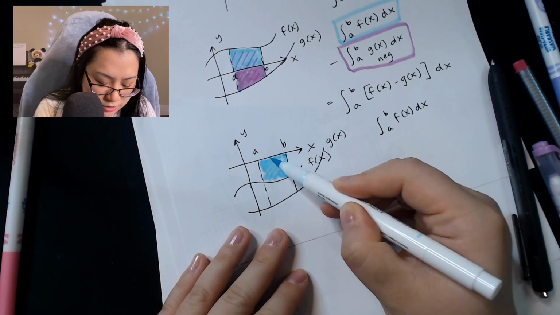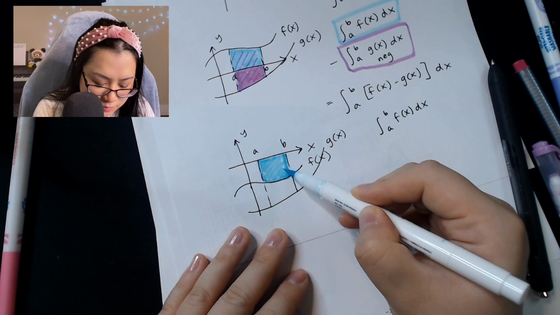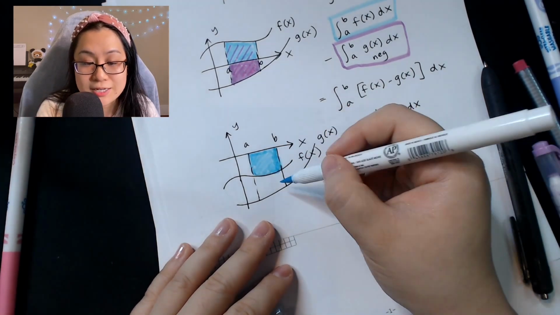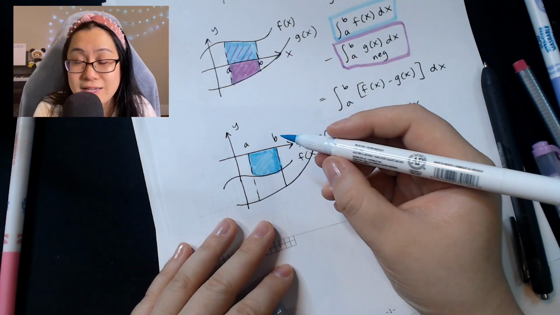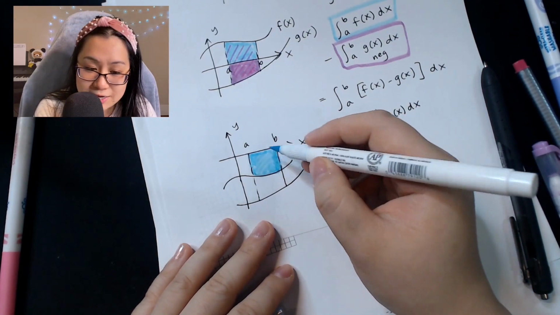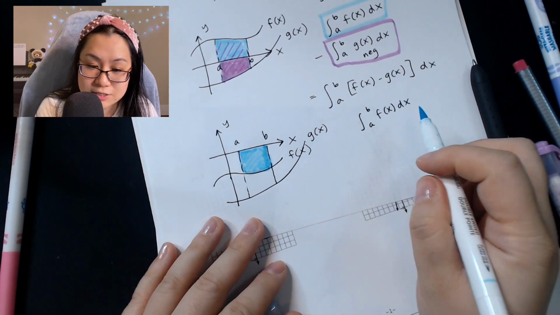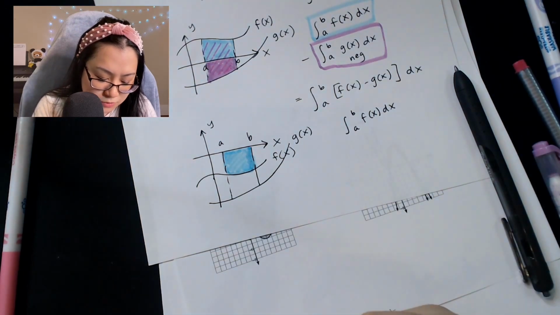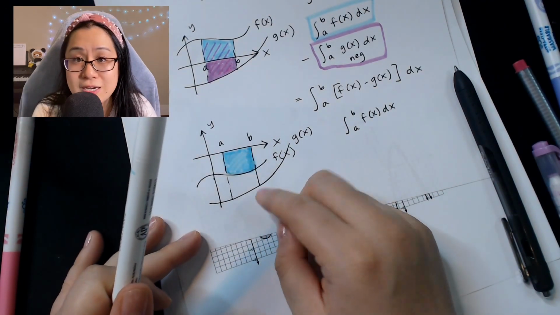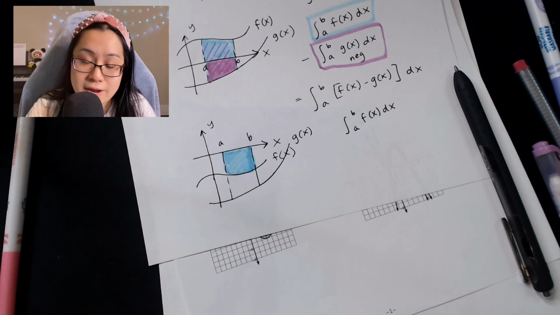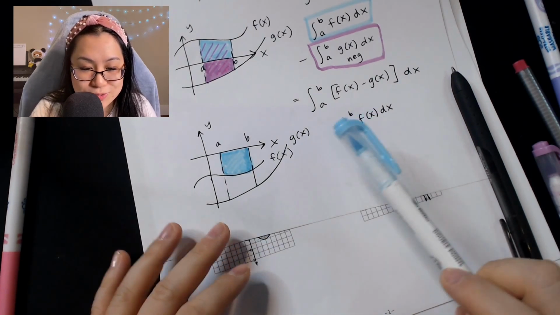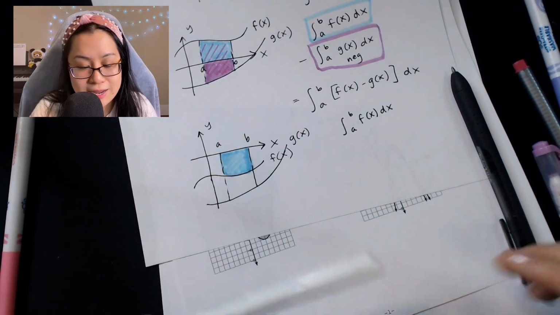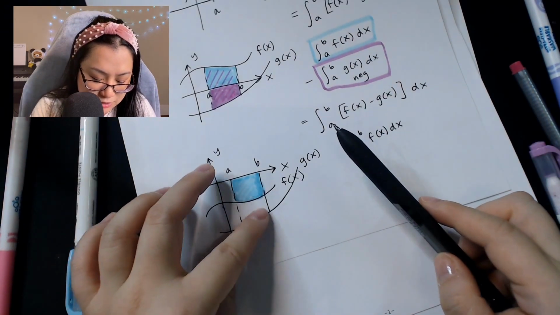So if we were to actually do the Riemann sum for this bit, it's not going to give us the exact area because the heights of the rectangles are all going to be negative, right? So we would get a negative area if we did this integral, right? We did height times width, but that would be a negative number, but that's okay. The definite integral is going to be negative, but we want there to be a positive area between these two.